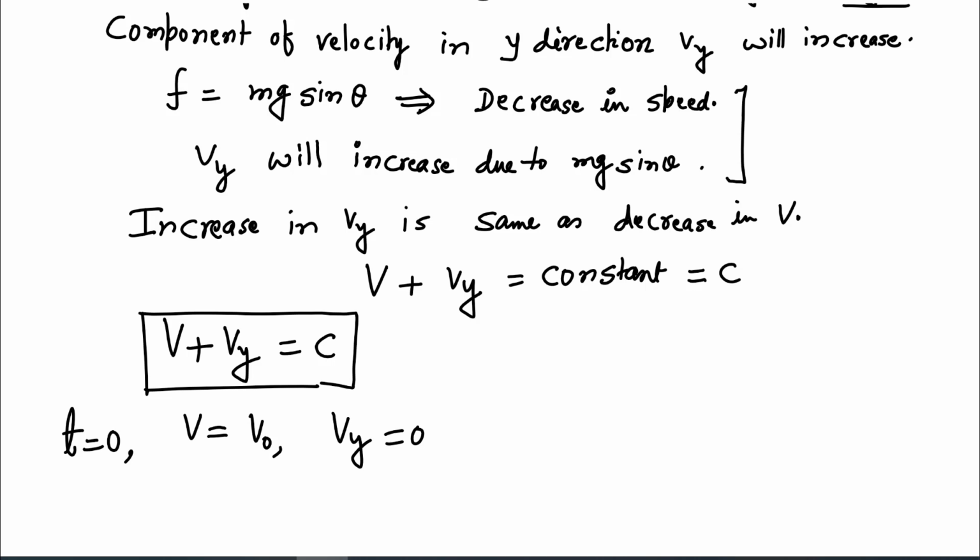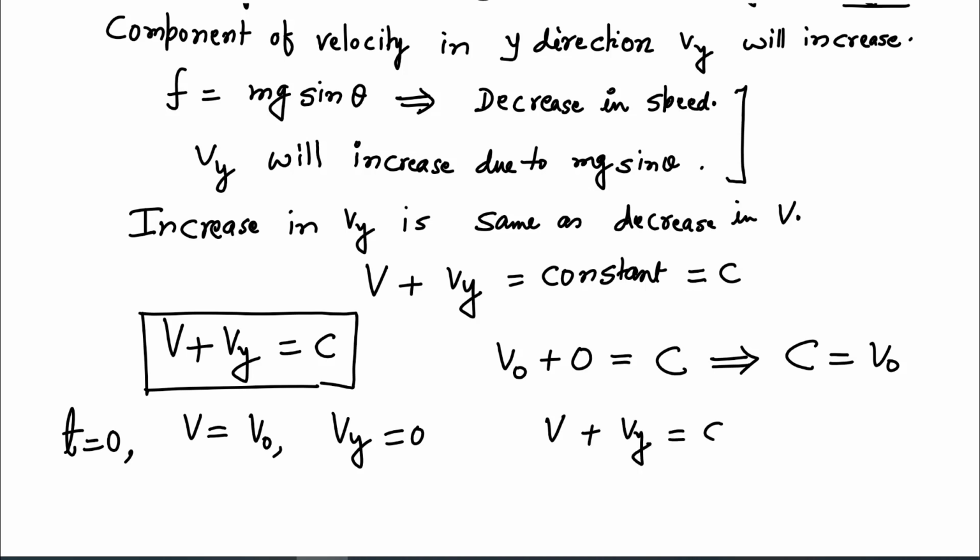If you plug this in, you have v0 plus 0 is equal to c. This implies c is equal to v0. So now my equation becomes v plus v_y is equal to c.